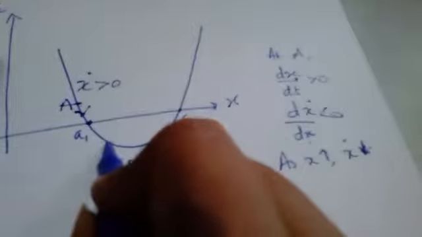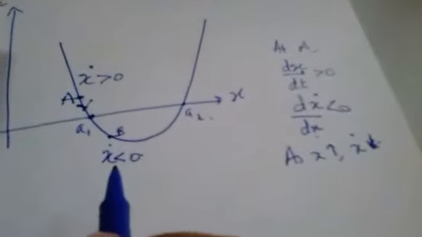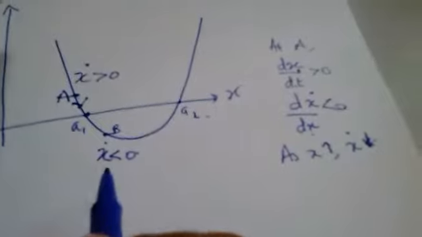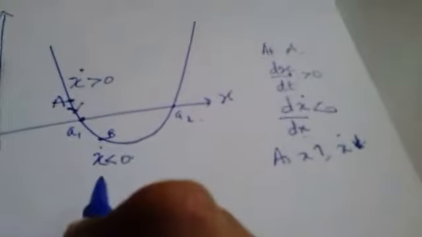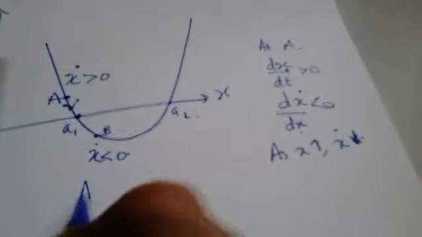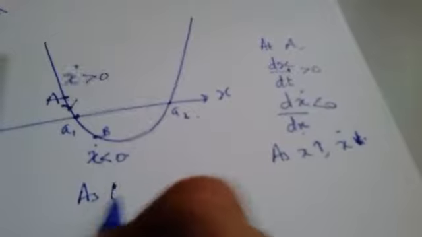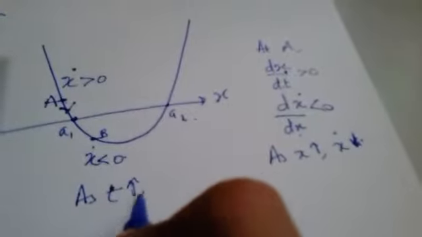Now let's see what happens at a point like B. Now at B, x dot is negative, which is to say as time passes, as t increases, x falls.